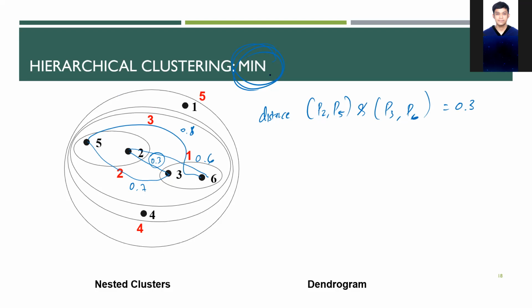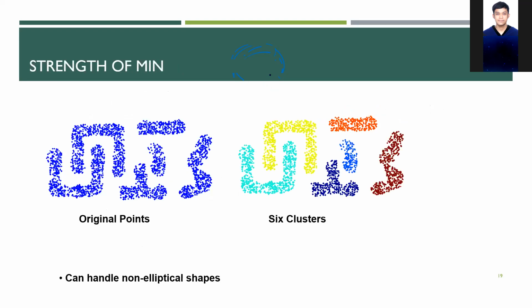Okay, and now this is the strength of min if we define the proximity matrix using minimum value. With this one, we can handle non-elliptical shapes, which is the drawback of k-means.